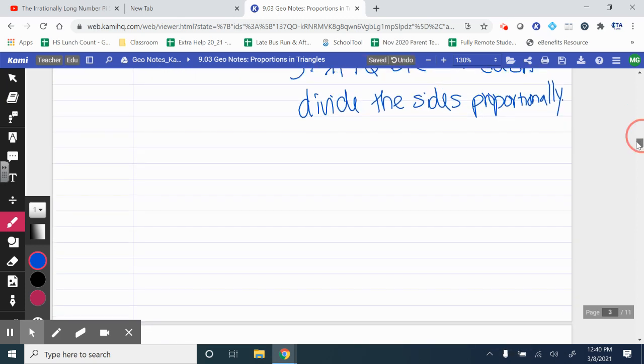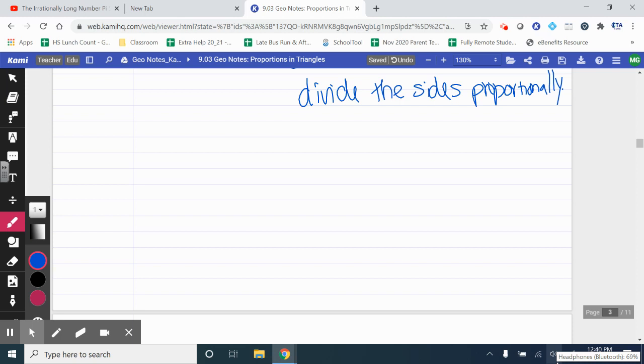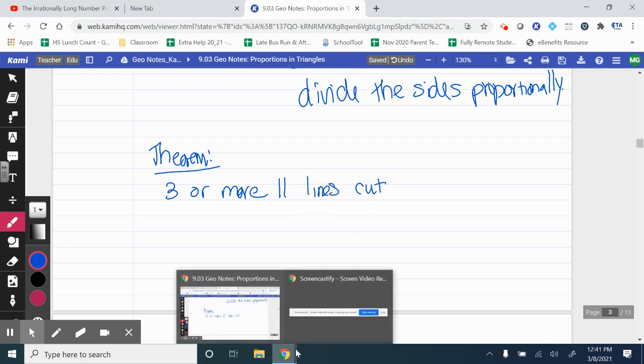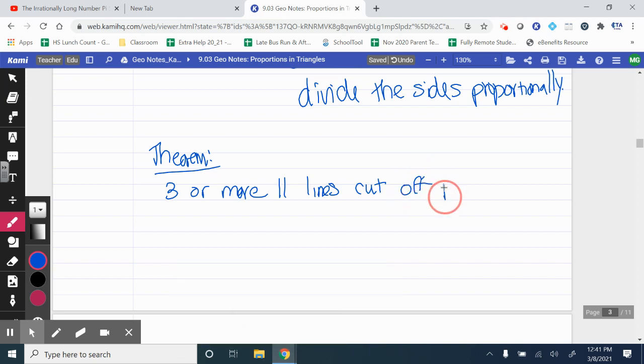All right, and the last thing we'll look at today is if you have 3 or more parallel lines, so a theorem. So 3 or more parallel lines cut off proportional segments on any 2 transversals.